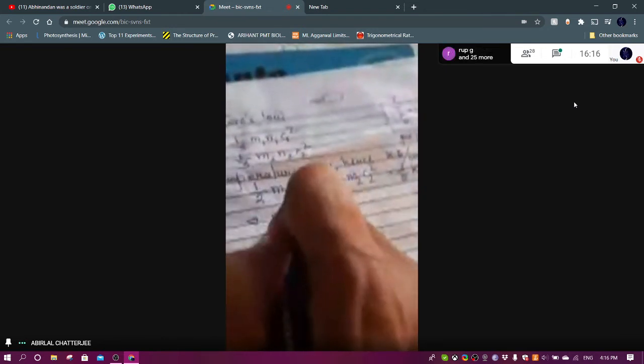Now, as both pressures are equal, you can equate these two. From here you can write M1C1 square equals M2C2 square. And pressure you can equate: 1/3 M1 N1 C1 square equals 1/3 M2 N2 C2 square.